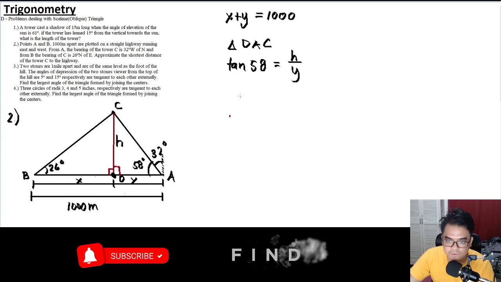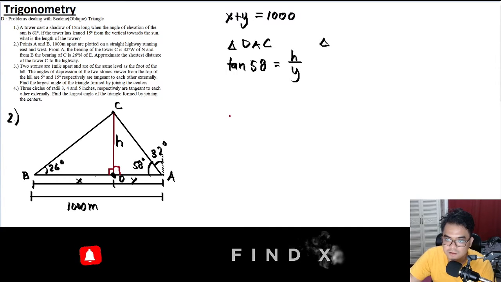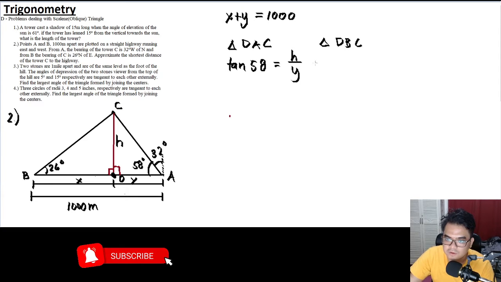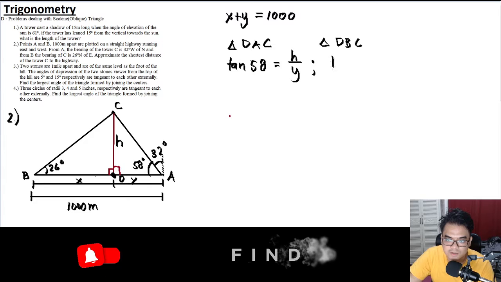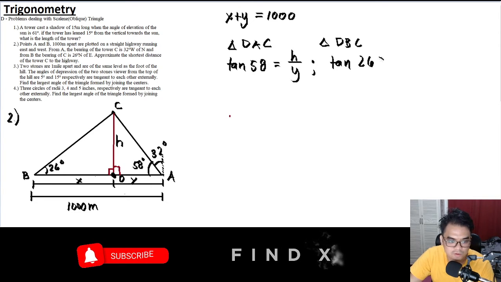And then from triangle DBC, you can have tangent also. Tangent 26 is equal to h over x.